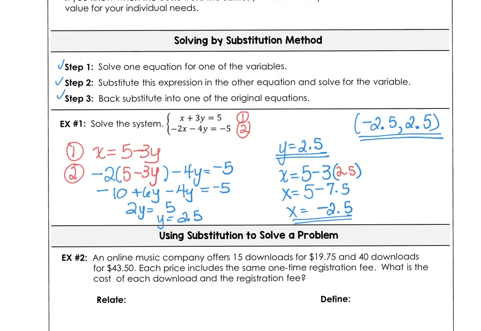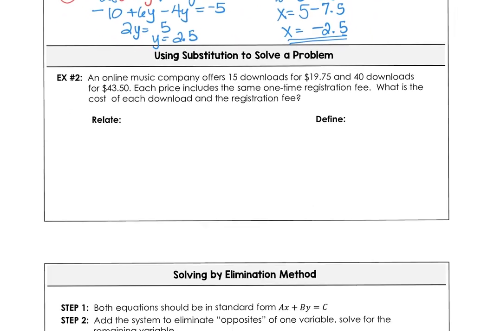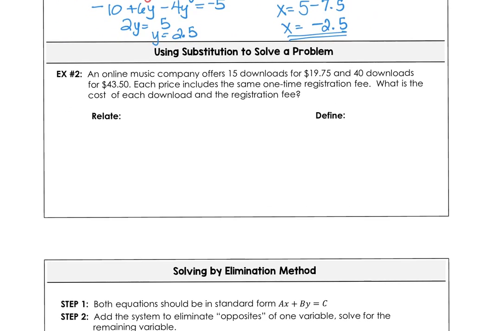In example 2, an online music company offers 15 downloads for $19.75, and then 40 downloads cost $43.50. Each price includes the same one-time registration fee.